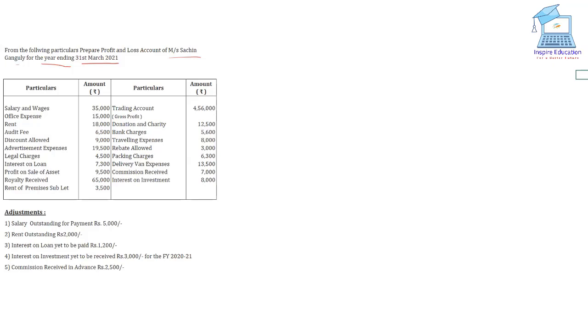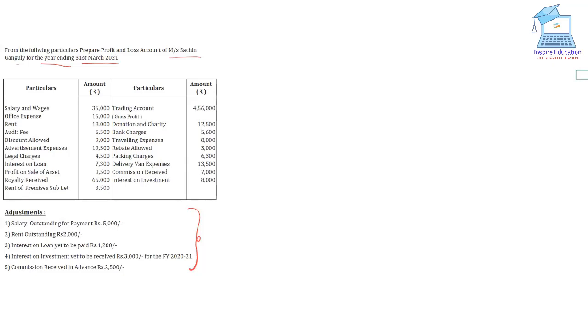So in the question, it is given salary and wages, office expenses, rent, and we have to prepare profit and loss account from this piece of information. In the last class, we did the profit and loss account without adjustment. But in this one, we have got few additional information. How to make adjustment entries, we will see in this solution.